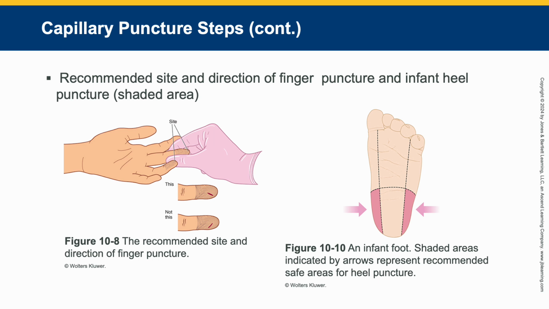Notice you go across, like you stick across the actual fingerprints. Do you see how it says this and not this on those fingers? You want to stick across the fingerprints, not in the same direction as their fingerprints.